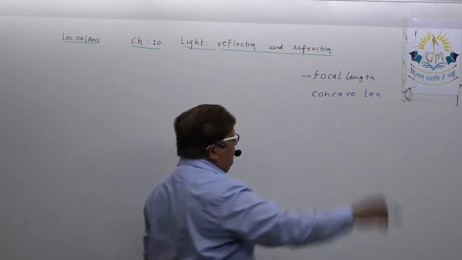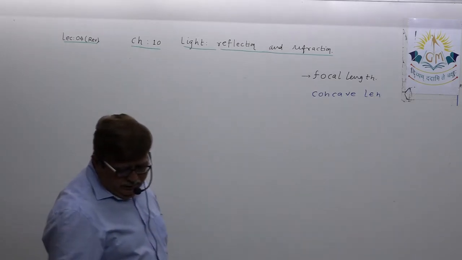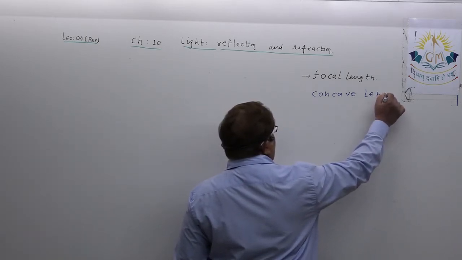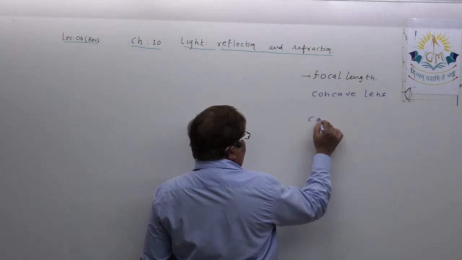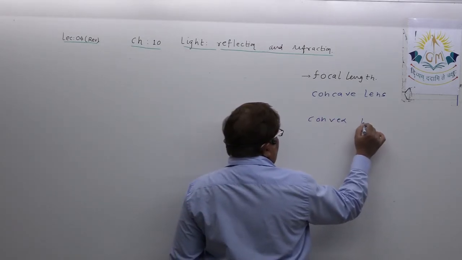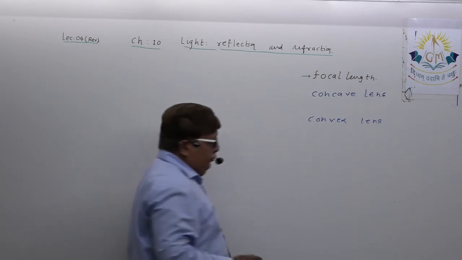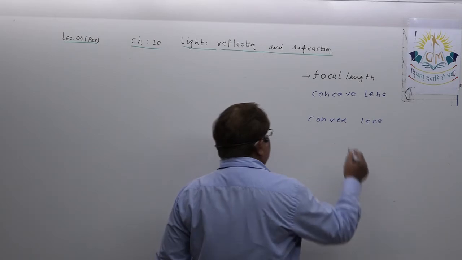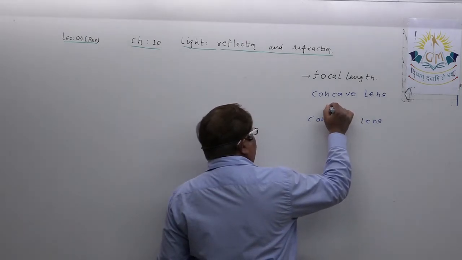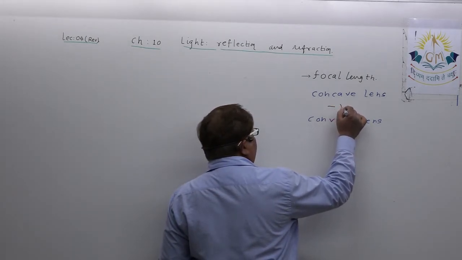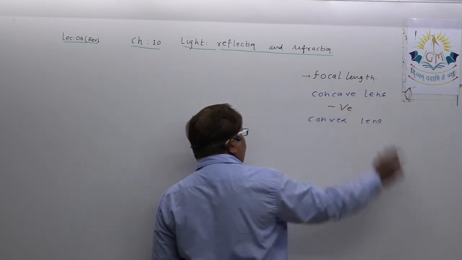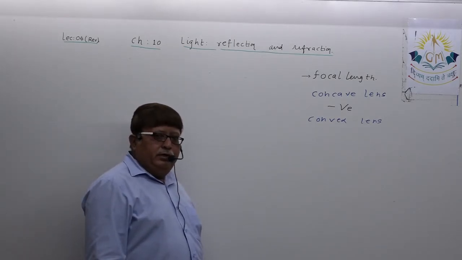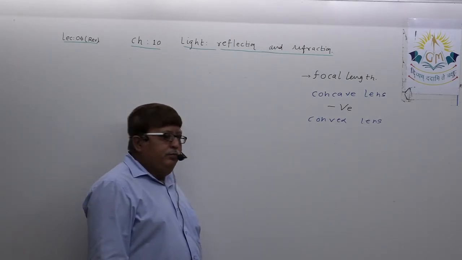If it is mentioned concave lens, or it has been mentioned convex lens, keep yourself very clear. For concave lens, focal length is always negative. Please remember this, because this might help you in solving the example correctly.